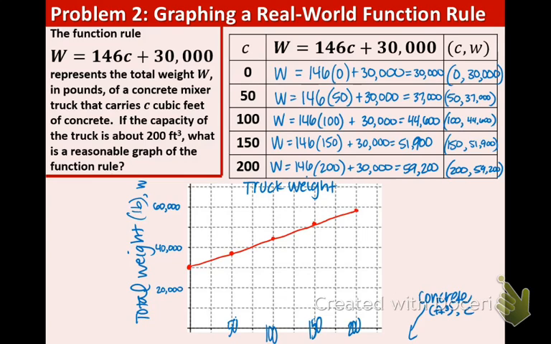So that's why we're stopping there. If there was not a capacity, then we could continue. But obviously trucks have a capacity of how much they can hold. That completes example 2. So feel free to pause there or flip over your packet for the remaining part of this lesson.